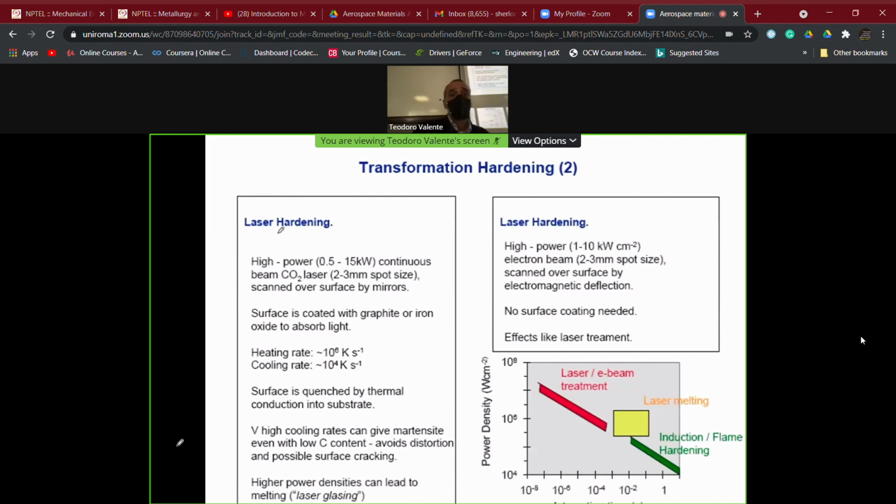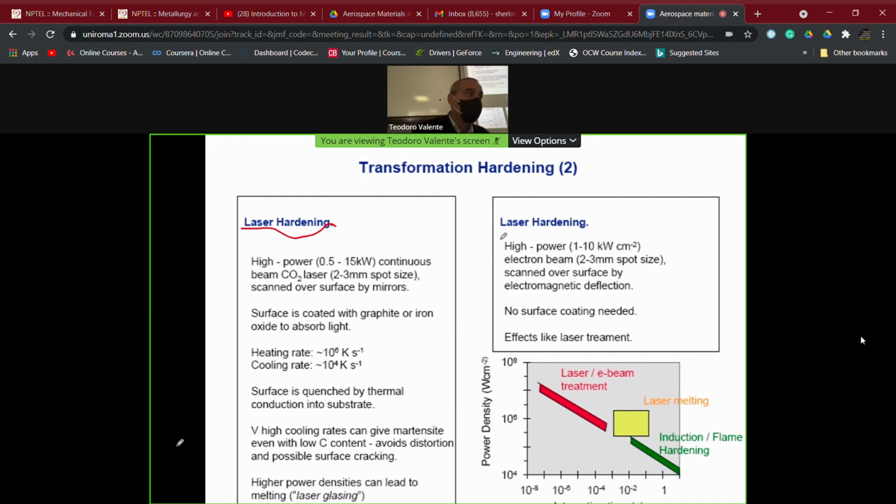We can also have laser hardening of the surface, and in this case, depending on the power, the laser can determine incipient melting of the surface itself, so localized melting, and thus, by controlling the cooling time, we can develop tailored microstructures just on the surface, not changing the composition, but changing the microstructure.